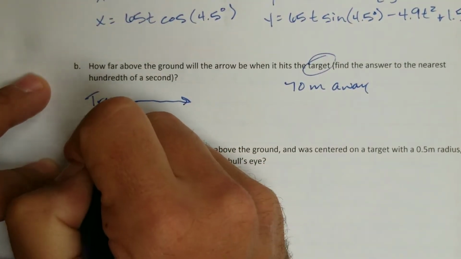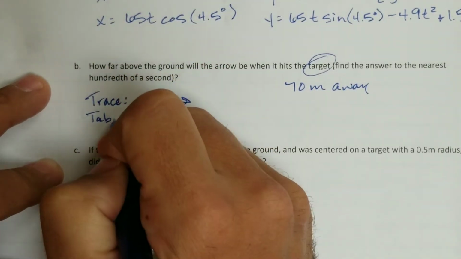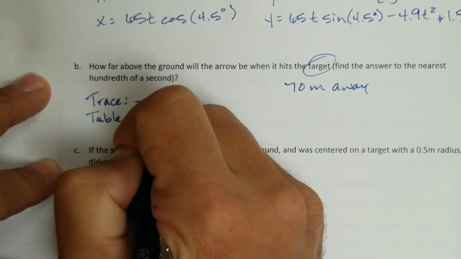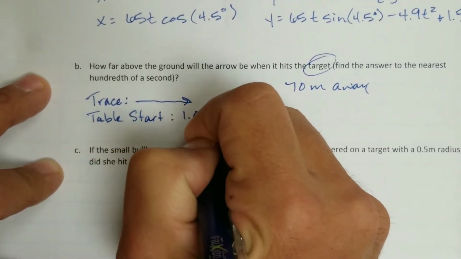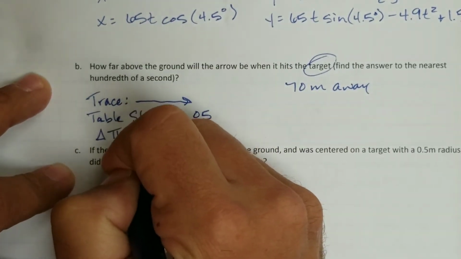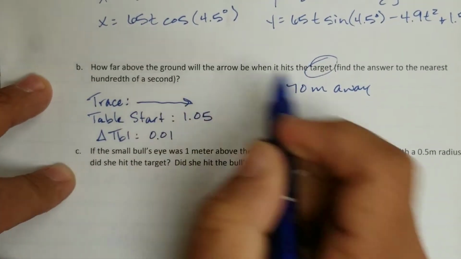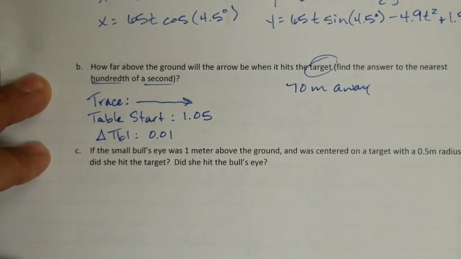And then once I saw that it was close to 1.05 or a little past 1.05, I went to table start, and I had it start at 1.05, and then I made my change in table 0.01, because that's what the problem says right here, hundredths of a second.